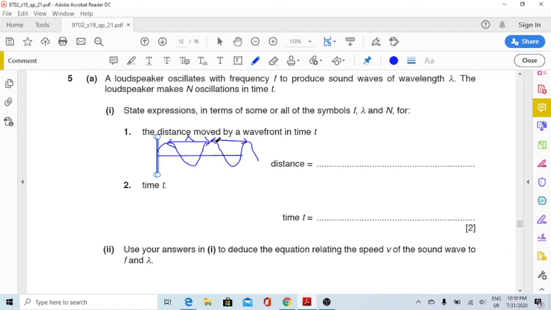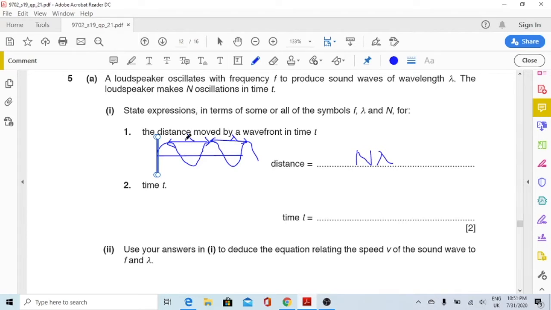So from one crest to the other, this lambda will define one wave. So I'll say that lambda is the distance it moves, but how many oscillations does that take is n, right? So n lambda will be the total distance moved by the wavefront.